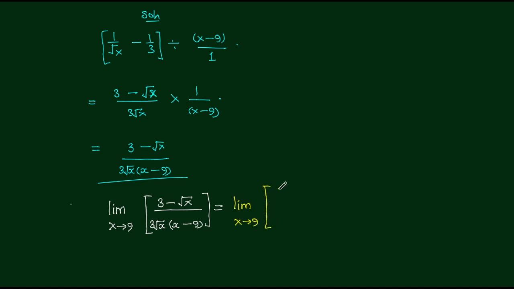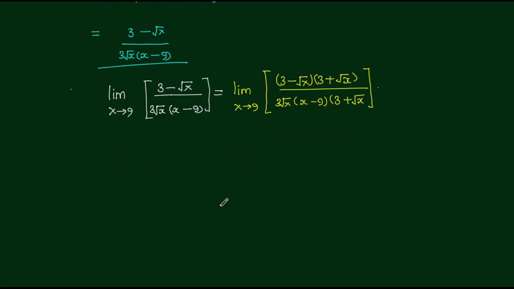And what is the numerator? It is 3 minus under root of x, times its conjugate, 3 plus root x, divided by 3 root x times x minus 9, also with the conjugate 3 plus root x.